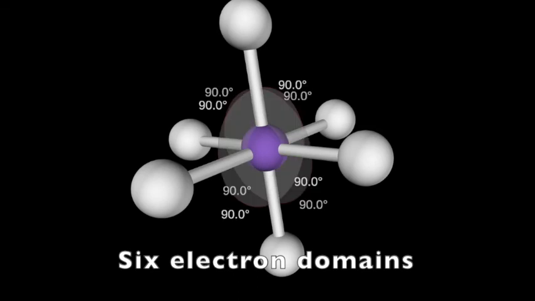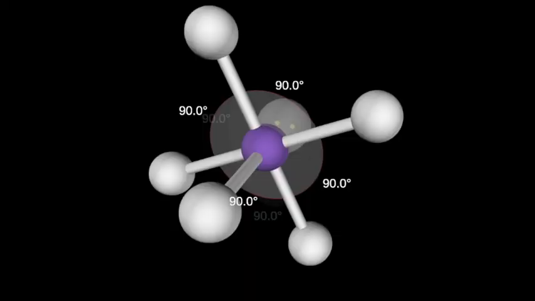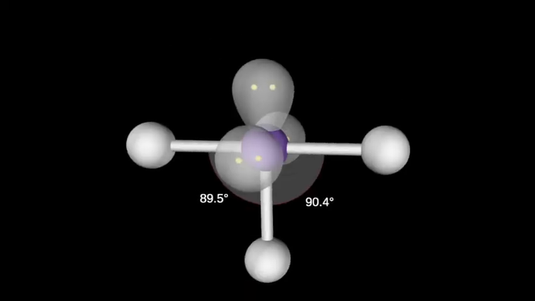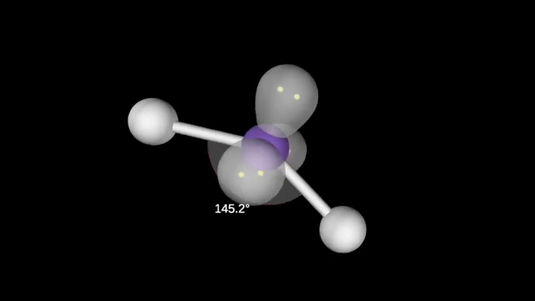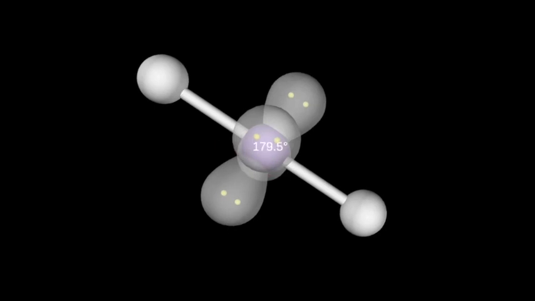All the bond angles are 90 degrees. If you were to draw lines between the tips of the domains, you would get an octahedral shape, like having two square pyramids stacked on top of each other. Again, it doesn't matter what the domains are. If you have a steric number of 6 or 6 domains, the electron geometry will be octahedral.